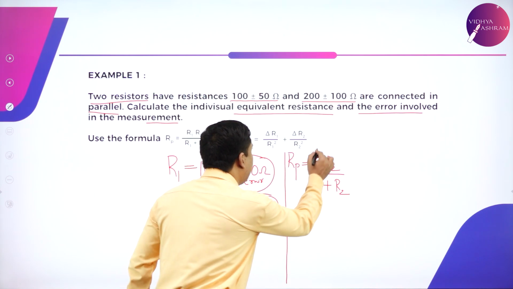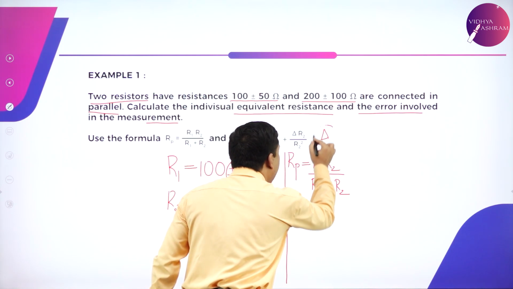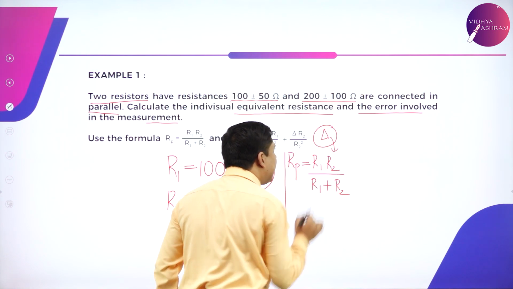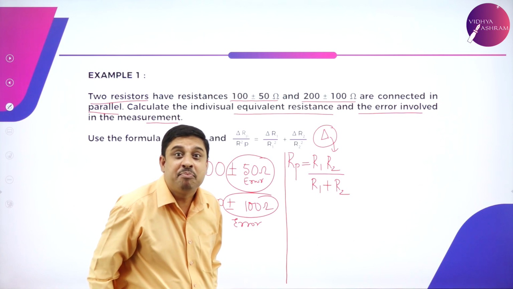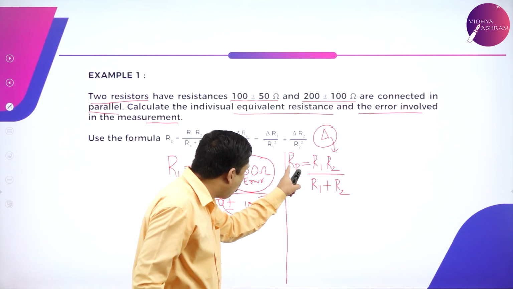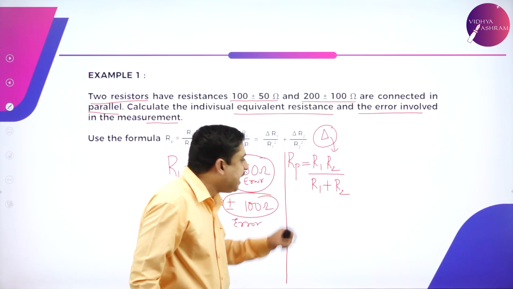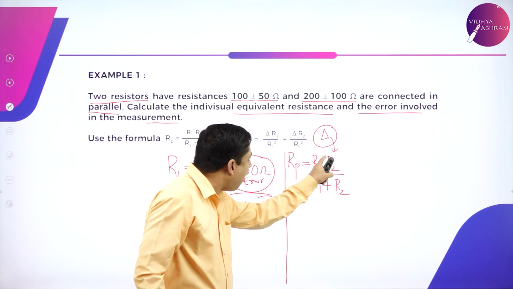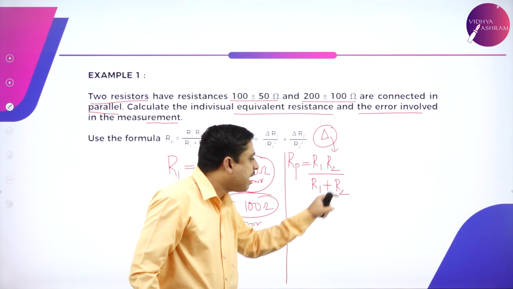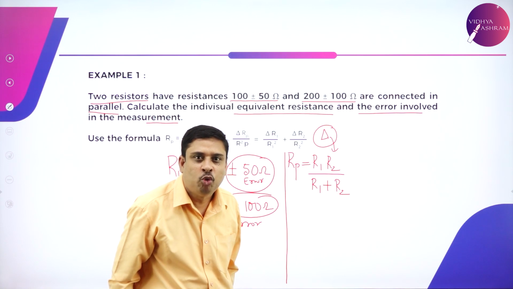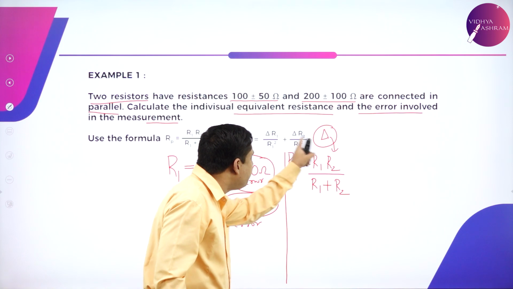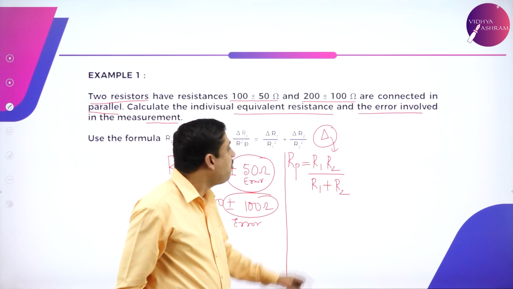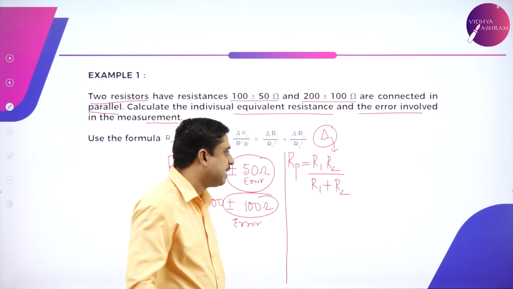Is this formula involving a symbol like this? This is called delta, a symbol which represents error. No, this is only RP equals R1 R2 divided by R1 plus R2. There is no error calculation here. It is simply the calculation of equivalent resistance.